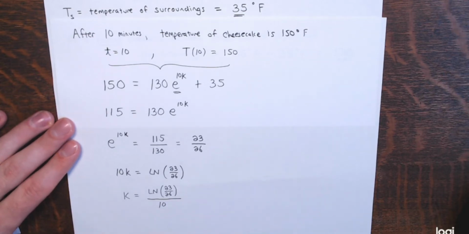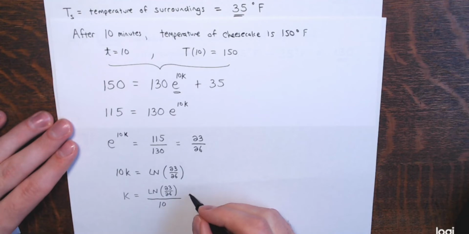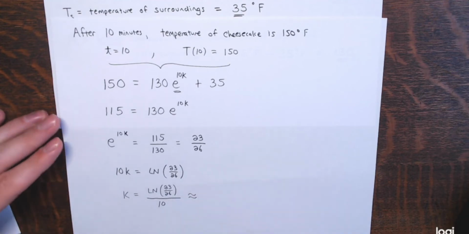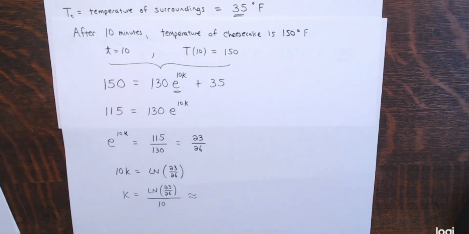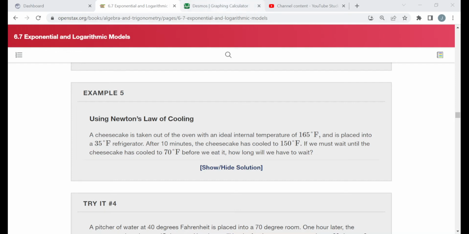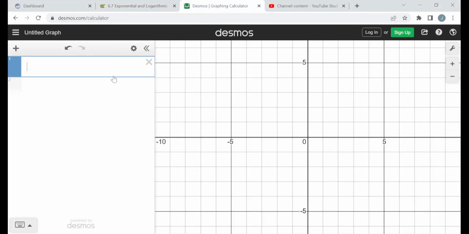Now, in a lot of the problems, if you've been reading through section 6-7, you'll probably notice that they take the value of k and round it to 5, sometimes 6 decimal places, and then put that in. So I'm going to do that here. I'm going to round this to 6 decimal places. Go to a calculator. I like using Desmos.com, the free online graphing calculator.